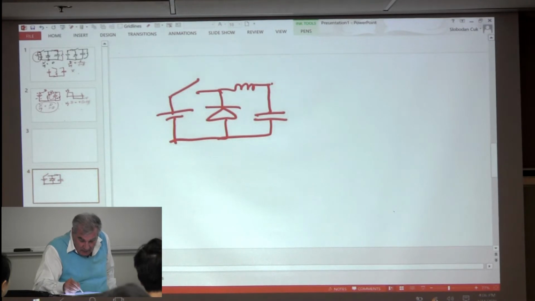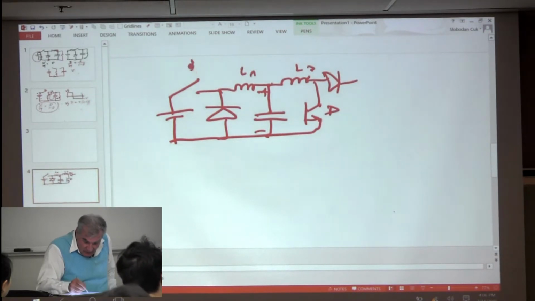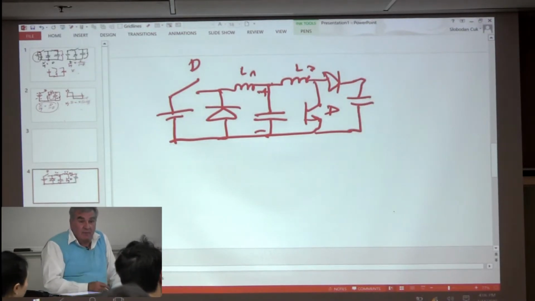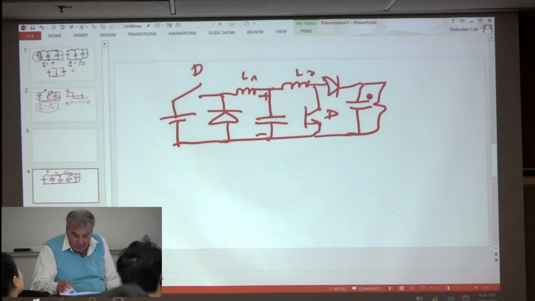And then use this as a source for the boost converter. L1, L2, here is a boost converter, and here's the transistor again. This is D, and this is D, and what are you going to get? The same as a flyback or buck boost, except now this is non-inverting polarity, right?